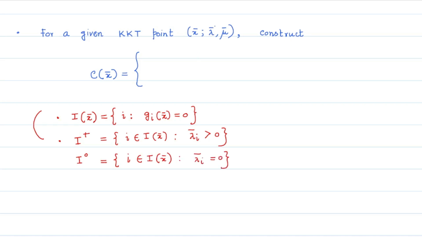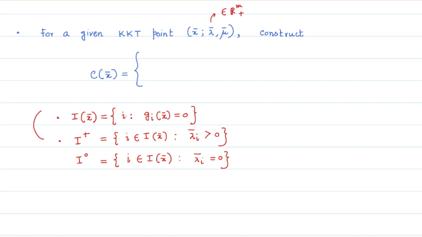We notice that inside this lambda bar, which has m many components, non-negative each of them, the components corresponding to the inactive set of indices, those i's which are not in this index set, will be equal to 0, due to the complementary slackness condition.